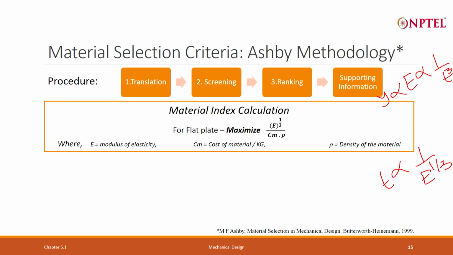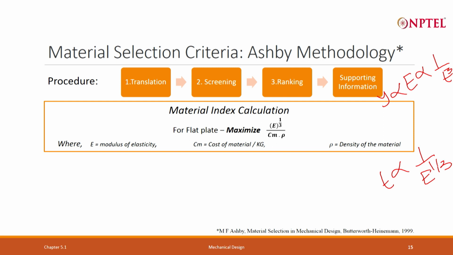All other things, length and width, are fixed. Density would change from material to material, but the density term comes into the mass as well as into the deflection, so we will select only one density. What is the function here?